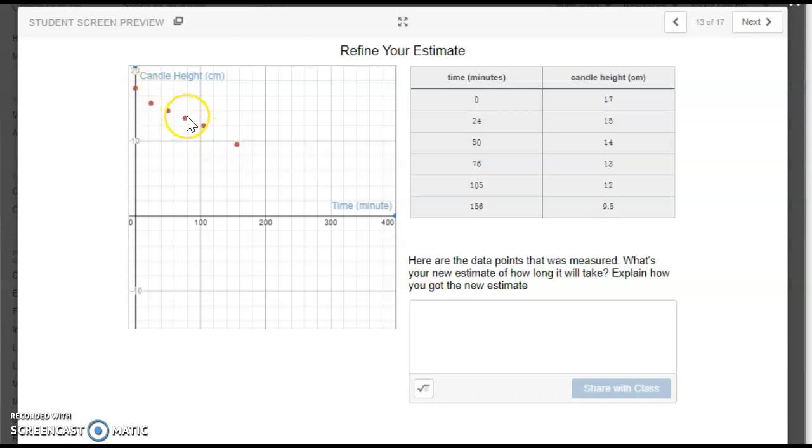So we want to know how long it takes for the candle to burn out. That means when it burns out, what is the height? The height is going to be 0, right? When is this graph going to reach 0?